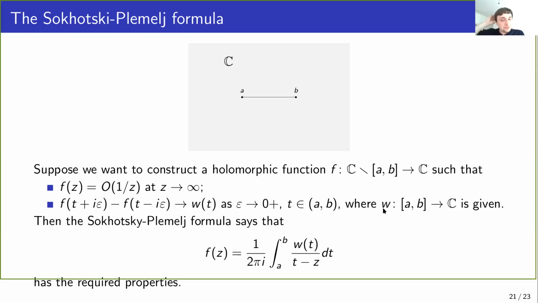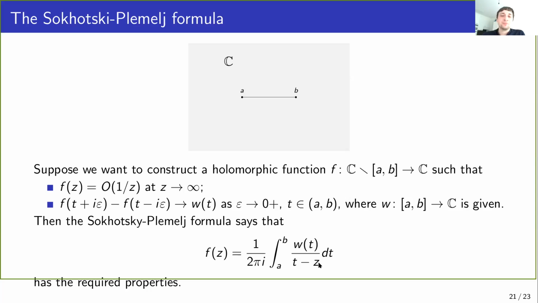But when w is nice enough, there is a very simple formula which solves this problem, given by a Cauchy integral with open ends, so you don't close the loop. It's very easy to check that if you take your function f of z to be this integral, then the Sokhotski-Plemelj formula exactly tells you that this jump is equal to w of t.